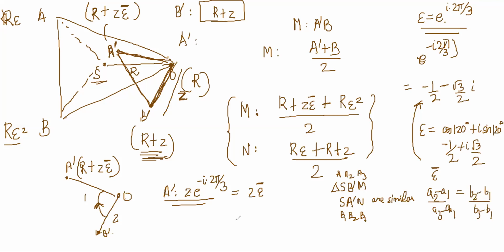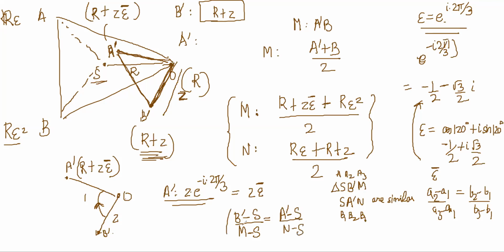So here I have to prove that B dash minus S by M minus S is the same as A dash minus S by N minus S. This is what I have to prove.